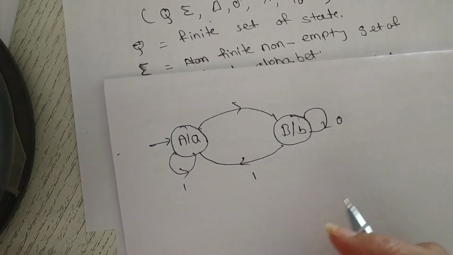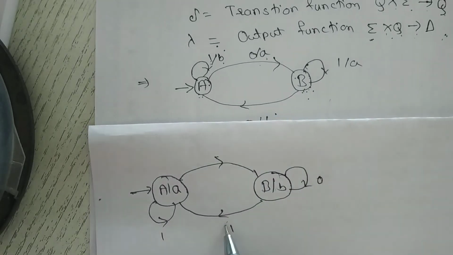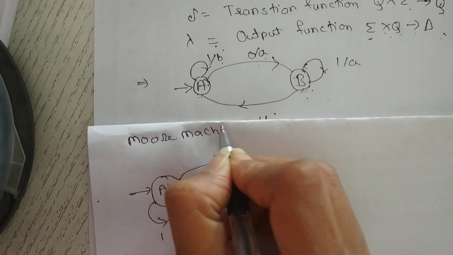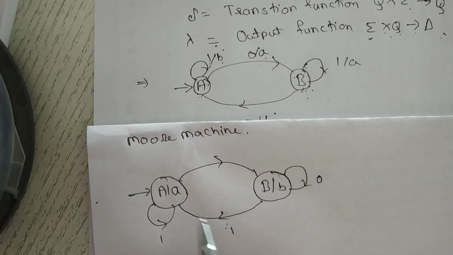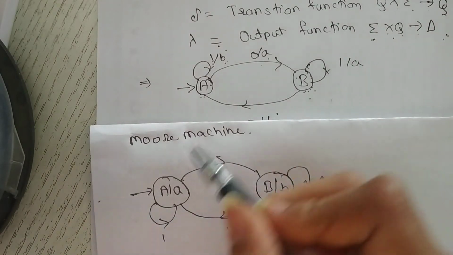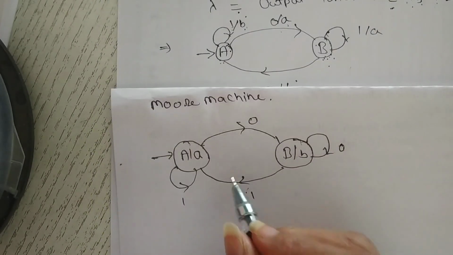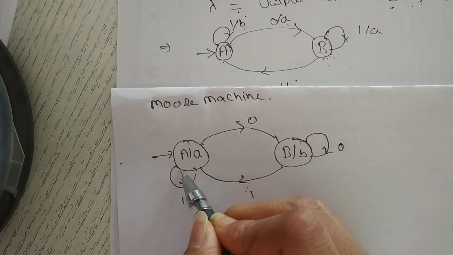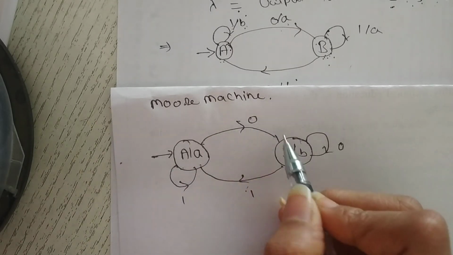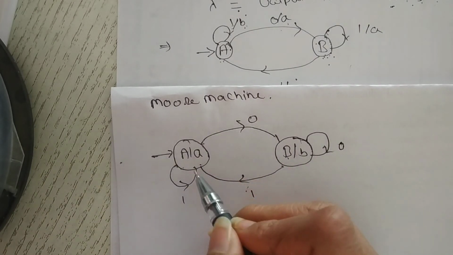Previously we saw one Mealy machine, and this one is a Moore machine example, right? So what's the difference? In the Mealy machine, it gets an input and produces the output, but in this diagram, this state produces the output A and then, on getting an input, goes to the next state, correct? It means A is producing the output.